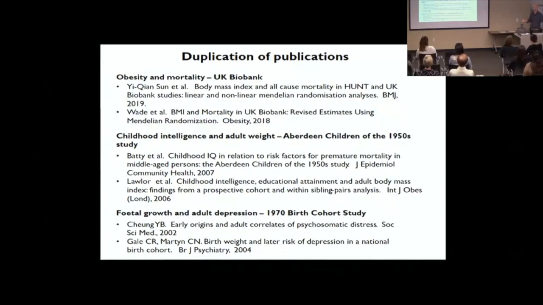I speak to economists about this, and they will say this is the way it should be. You should have different groups looking at the same questions in different ways and testing conclusions. I don't think epidemiologists regard it that way, but anyway.